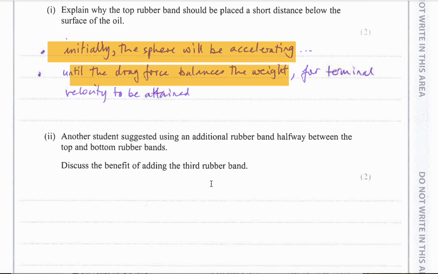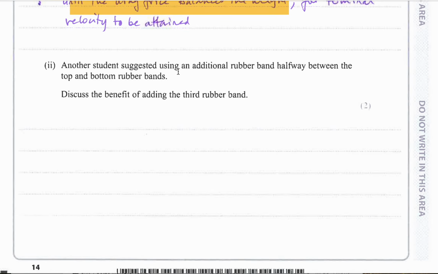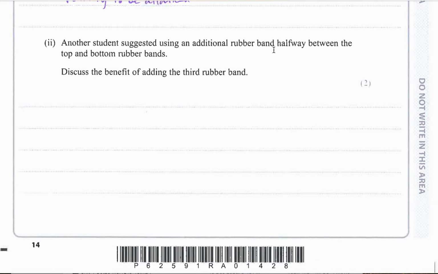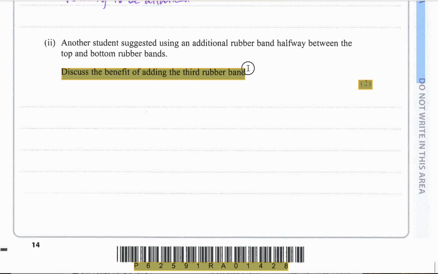Okay. And then another student suggested using an additional rubber band halfway between the top and the bottom rubber bands would help. So discuss the benefit of adding the third rubber band. Okay, well, I haven't put the mark scheme here. I'll need to double check it. I think when I went through it with my class, we went through the mark scheme.